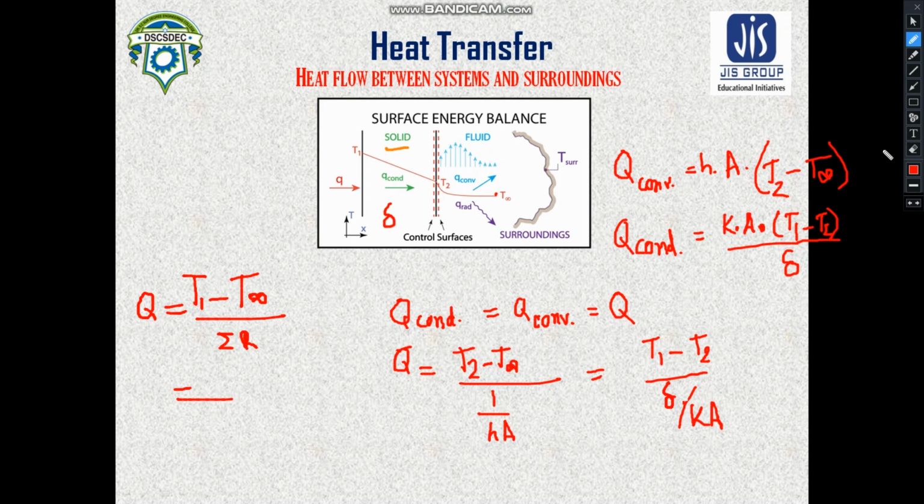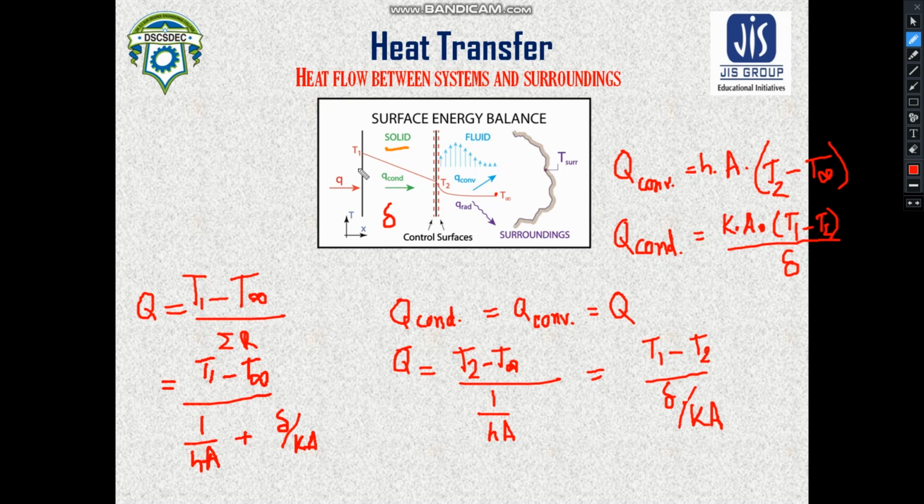Here there are basically two heat resistances present: one is because of the conduction heat transfer, and another one is because of the convection. So Q = (T1 - T infinity) divided by (1/hA + delta/kA).